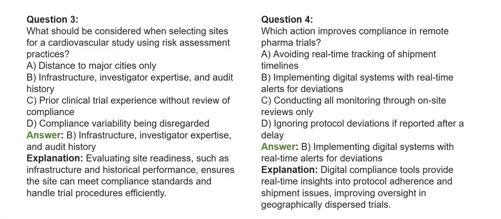So the answer here, and actually for any kind of study, not only cardiovascular, using risk assessment practices, is to consider the infrastructure, principal investigator expertise, and any audit history. So it is B, as evaluating site readiness, such as infrastructure and historical performance, ensures the site can meet compliance standards and handle trial procedures efficiently.